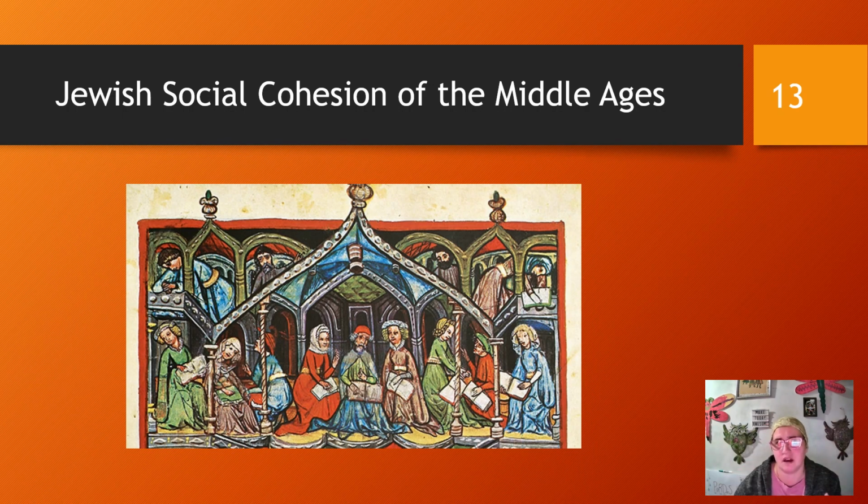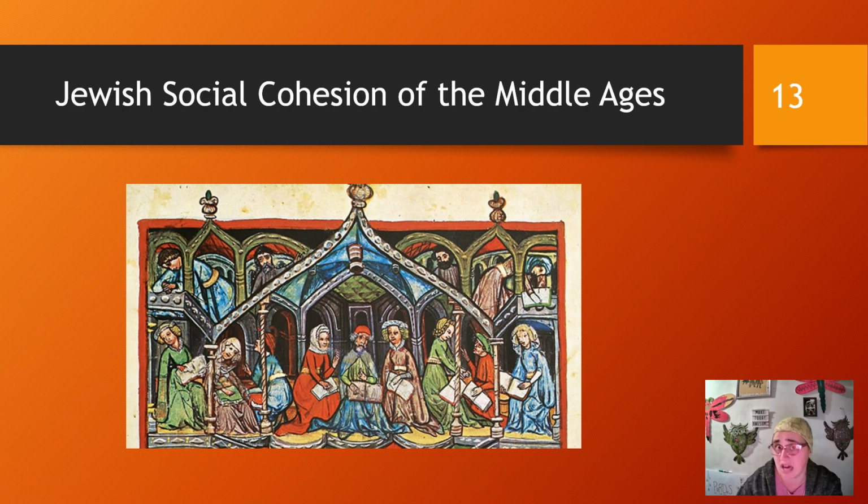So this systematizing of Judaism is part of why we talk about a good deal of cohesion in the Jewish Middle Ages. So we have this situation of diaspora, of spreading out, that could have led to fragmentation, but Rabbinic Judaism prevented fragmentation by offering stability, by offering a core of tradition, and in a sense creating what we now refer to as the imagined community of global Israel.